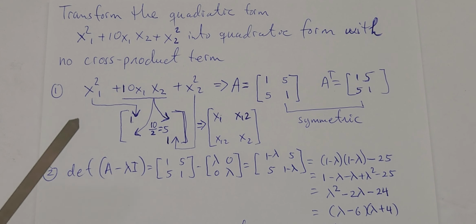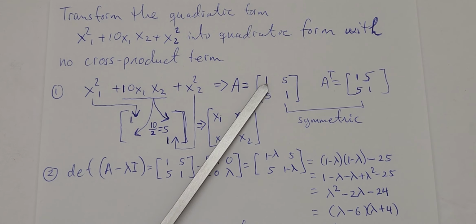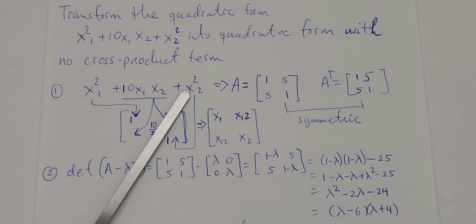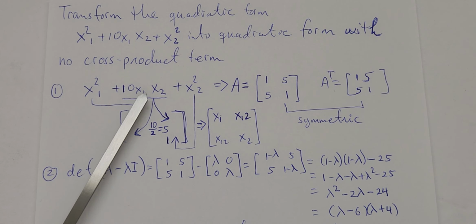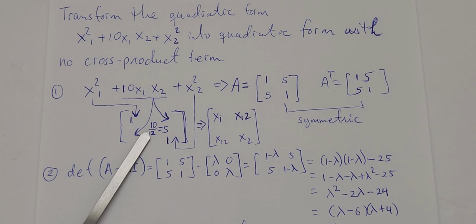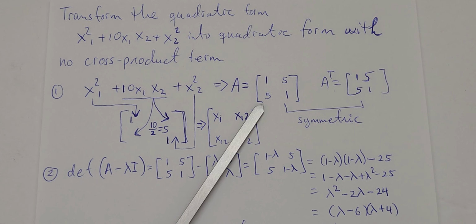Okay, so one more time. First spot right here. This is the last spot, which is here. And for the spot for x1x2, there are two places. Divide by 2. So 10 divided by 2 gives me that 5 in the second spot and the third spot.